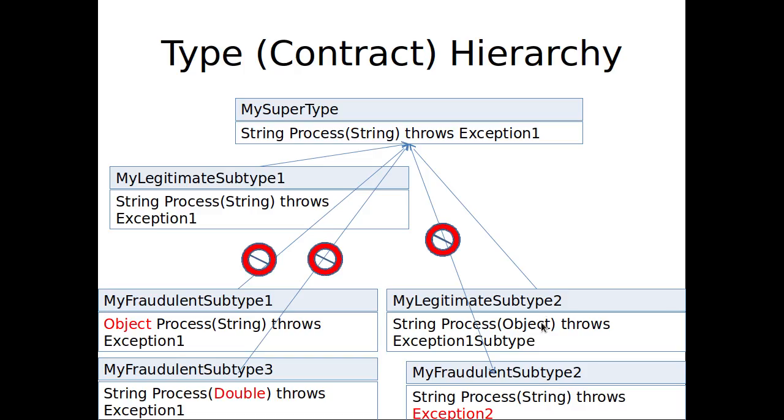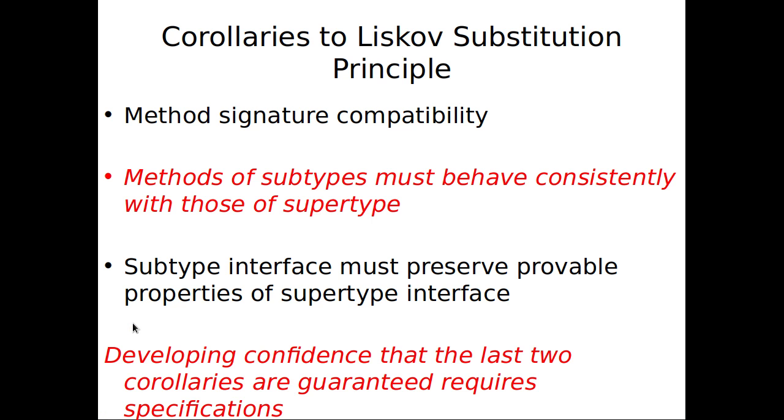Process takes something that's less restrictive than the corresponding parameter here. It's a precondition issue. But then there are some that are not legitimate. Like here, if this returns a string, for example, we can't return any old value down here in the subtype. We need it to return something that's a string or more precise.